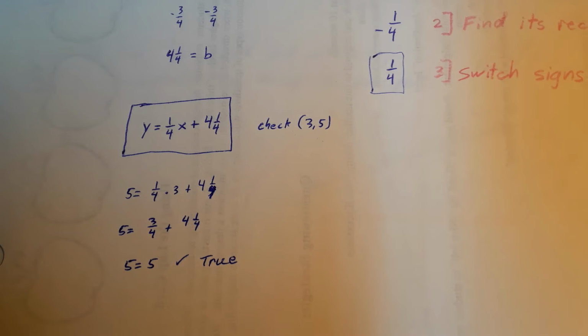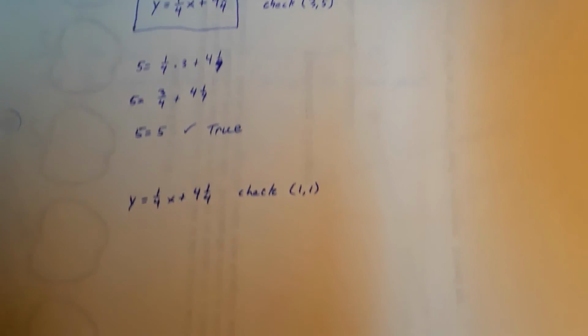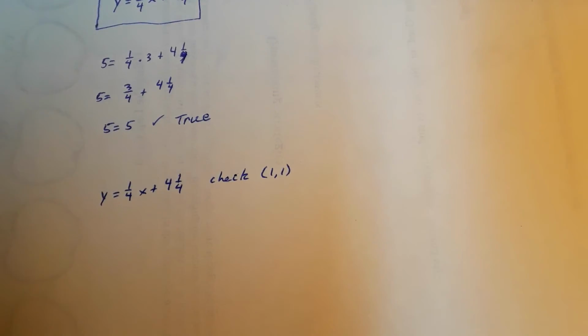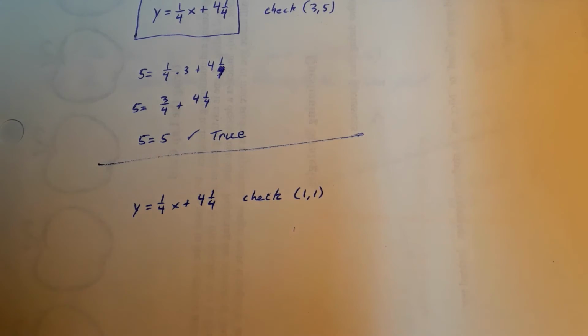So let's do this just so you know that this process will work. So if in fact we had made a mistake, and perhaps we suggested that this point was on this line, and we now try to verify it, we're going to see that this is a false statement.